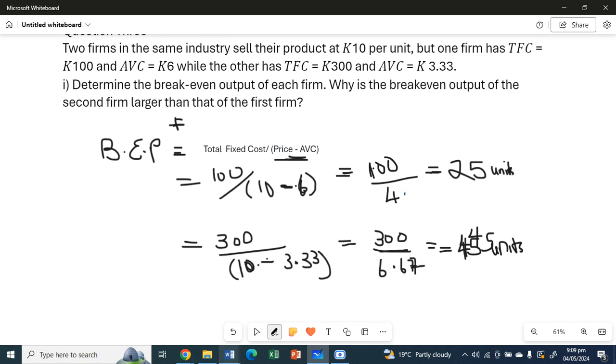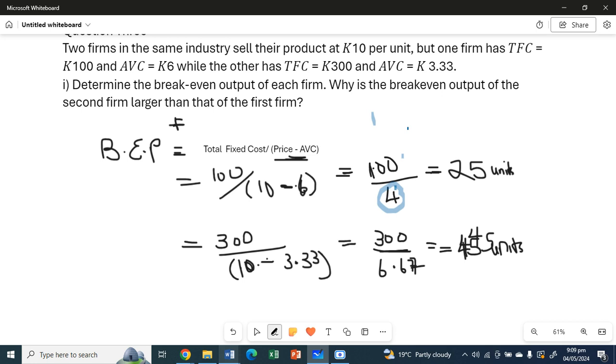We can illustrate this. For example, for firm one we have 100 over 4. If we keep this 4 and increase the 100 to 1000, 1000 divided by 4 is 250 units. If we still keep the 4 constant and increase the 100 to 10,000, 10,000 divided by 4 is 2,500 units.